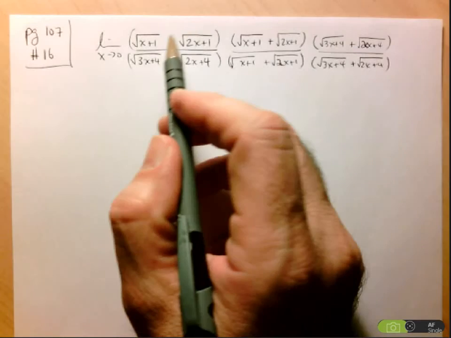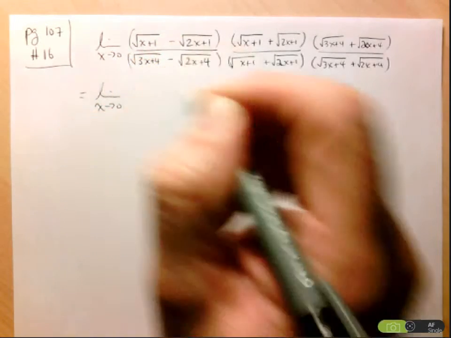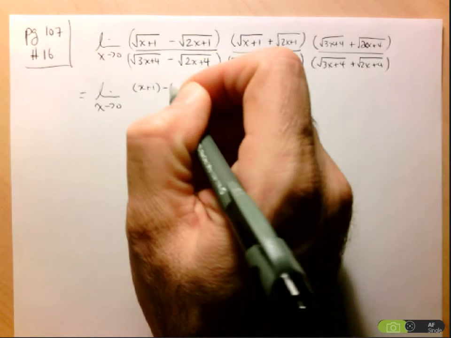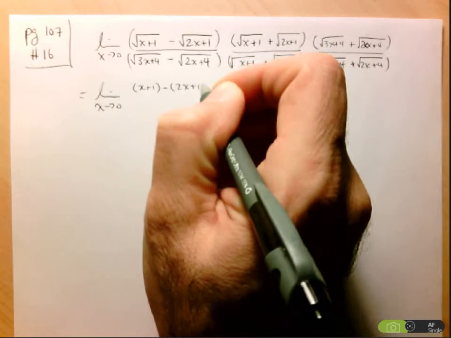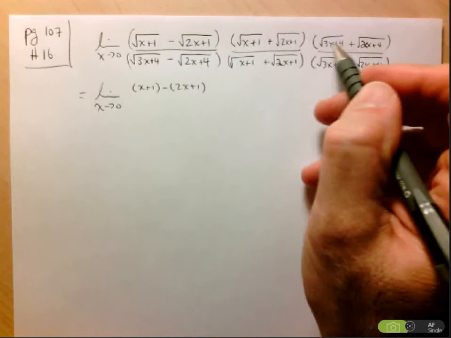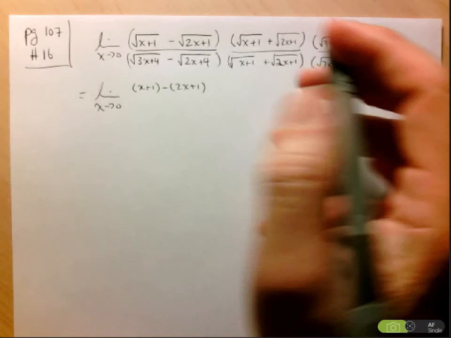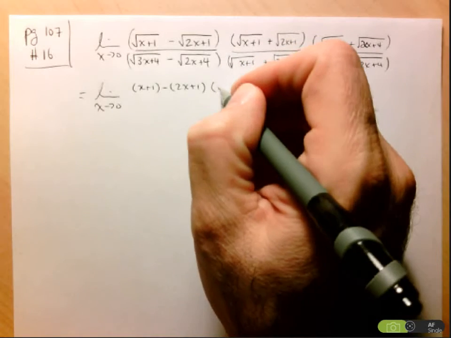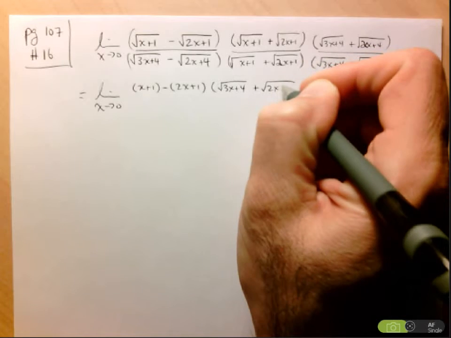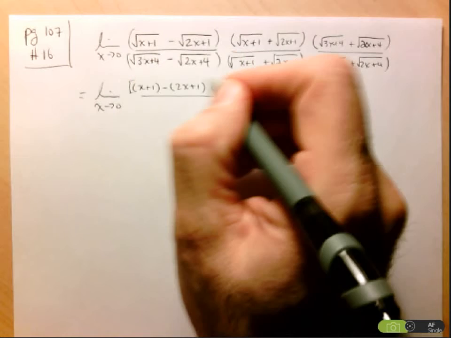Now if we take this first multiplication here, we just have our difference of squares, so this is going to be x plus 1 minus 2x plus 1. Plus I'll have this expression here, but this isn't a problem now in the numerator because this is not going to be approaching 0. So we have root 3x plus 4 plus root 2x plus 4, and I should put brackets around that.